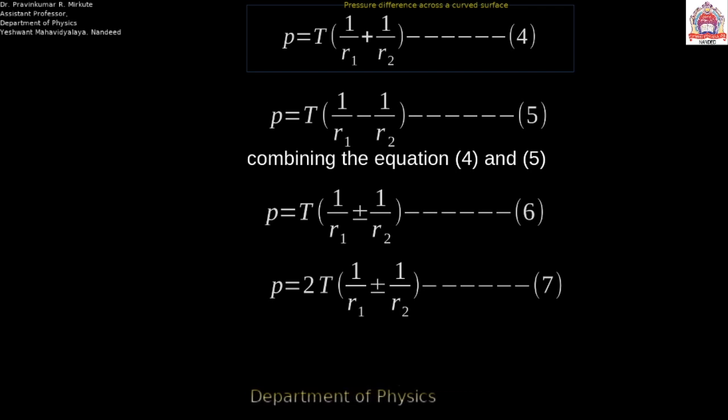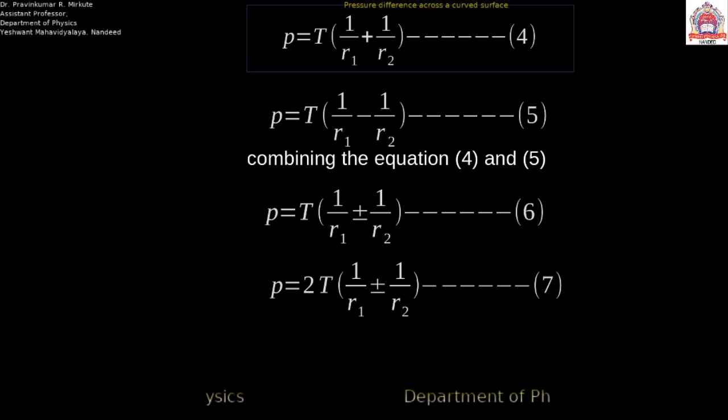Now another condition is that suppose we are taking the catenoid. If the surface is one of revolution with no difference of pressure, the surface is catenoid. So here the pressure is 0. So 1 by R1 plus or minus 1 by R2 is equal to 0.